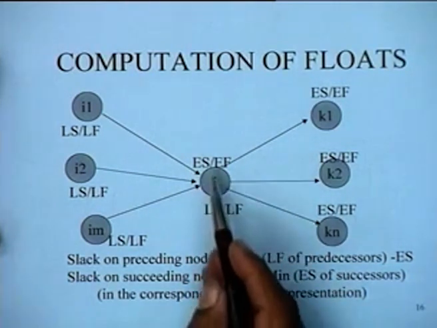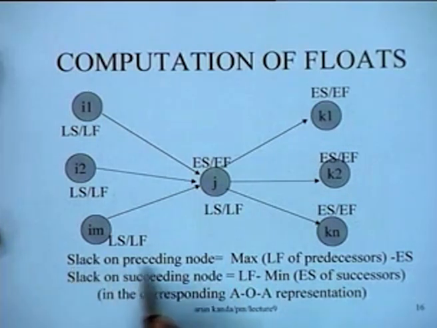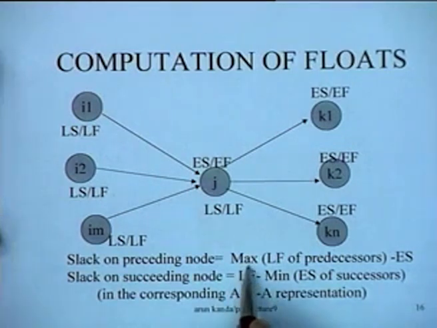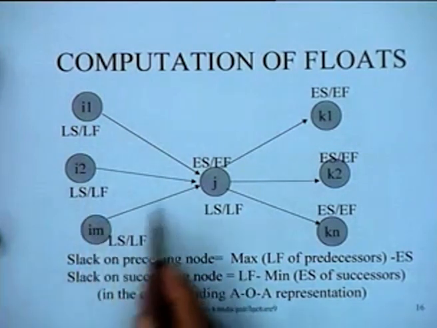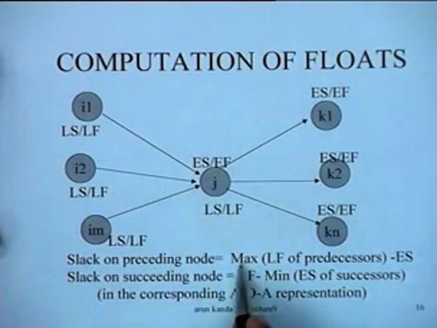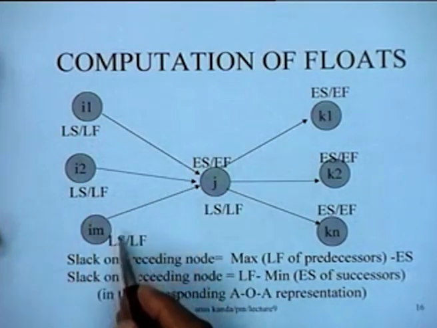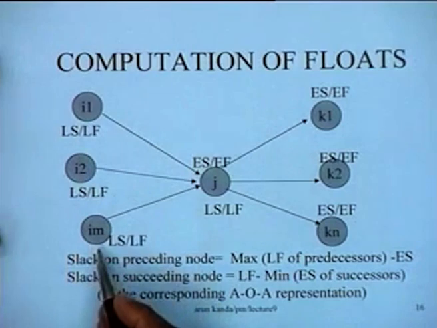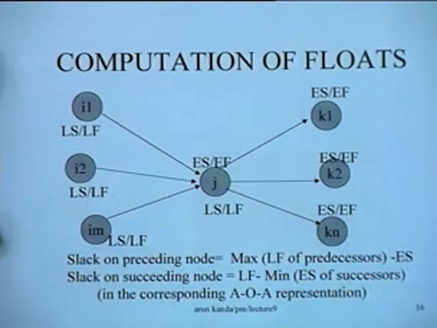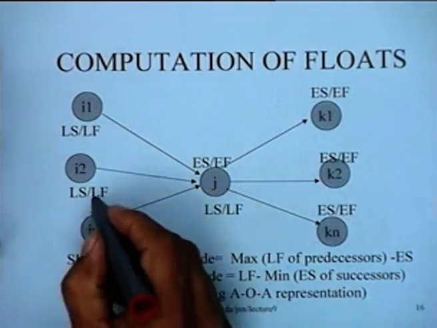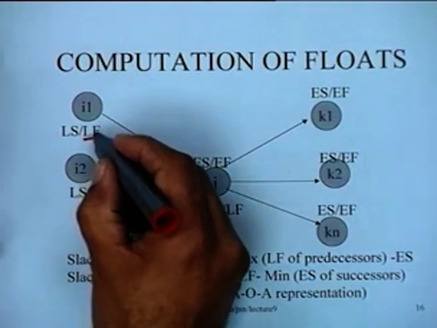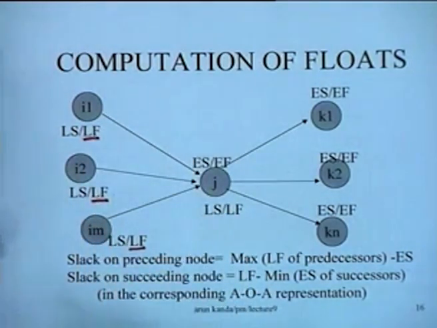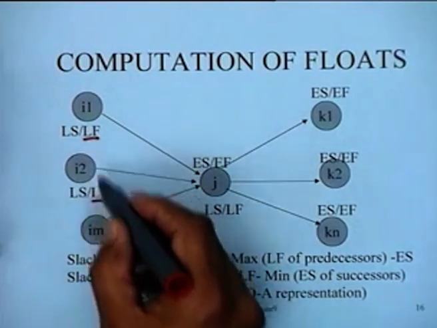So how we can do that is very simple. In this case, we say the slack on the preceding node in the corresponding AOA representation is nothing but, we have all the predecessor jobs for this particular activity. We will take the maximum of the late finish of jobs. So the numbers which are shown at the bottom of the activity of the predecessors, we look at all these numbers, the latest finish of all the jobs, and we take the maximum of these numbers.